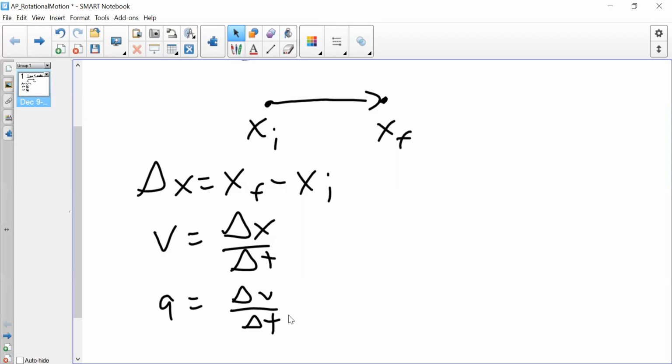So this is the linear kinematics that we've known thus far. And we've used the fact that everything operates under a constant acceleration to produce these corresponding equations.